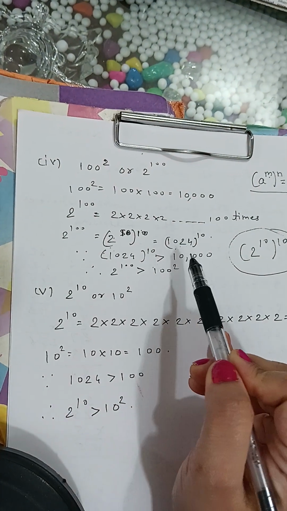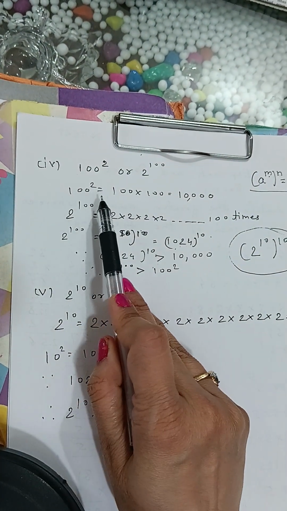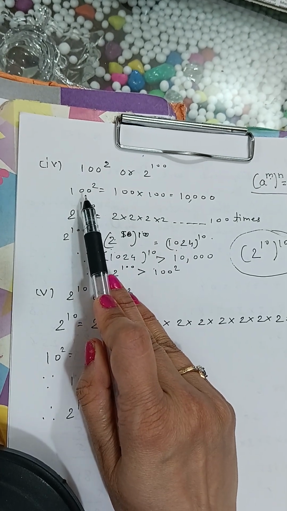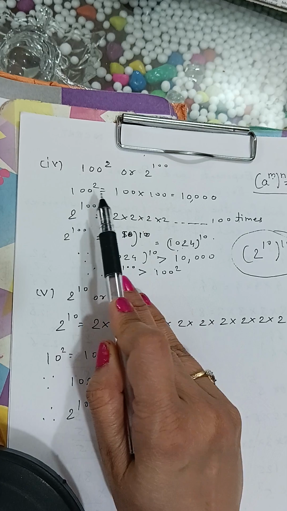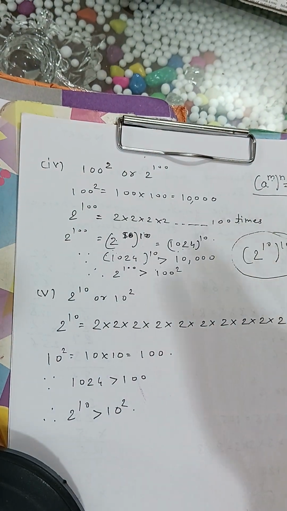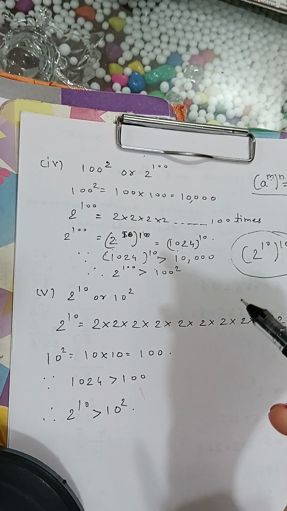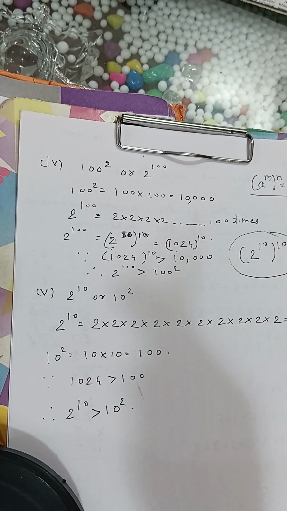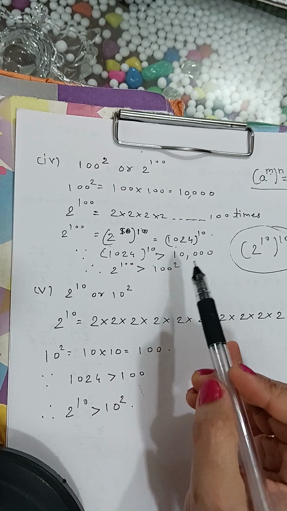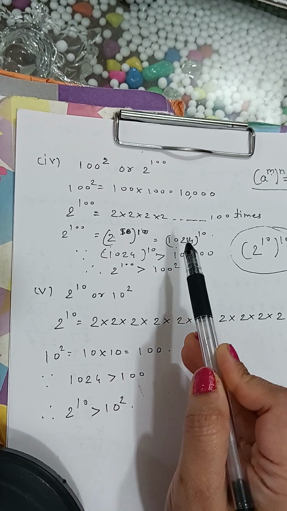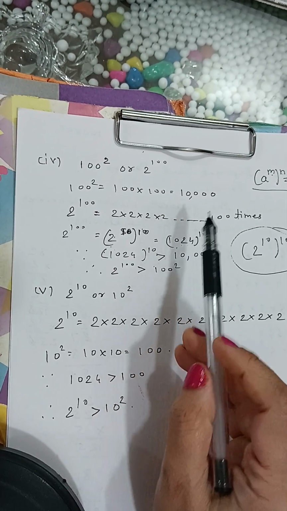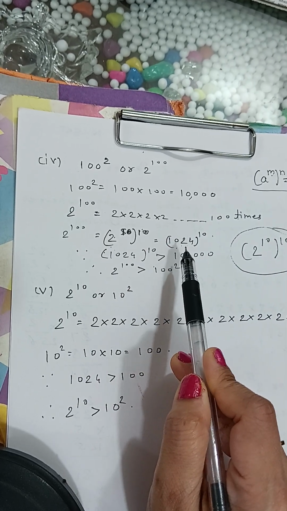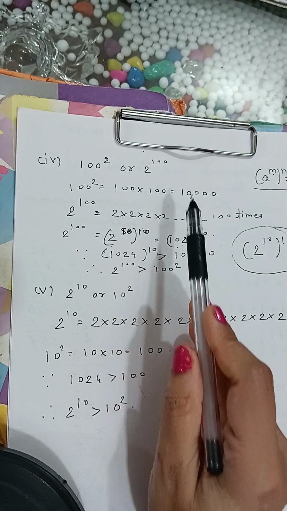If you square a 3-digit number, definitely that will be lesser, so 100 into 100, and 1024 into 1024, and that too you are multiplying 10 times, so we can assume this will be greater than 10,000.